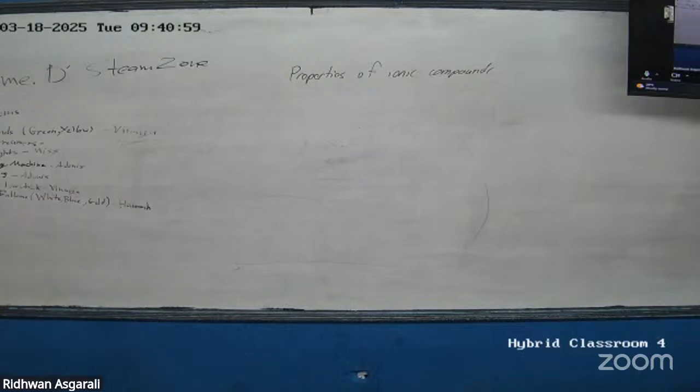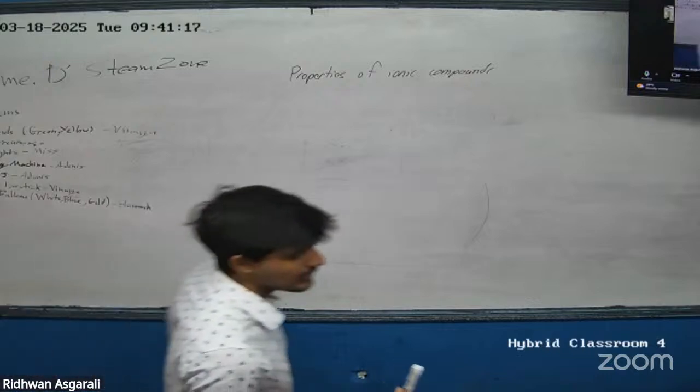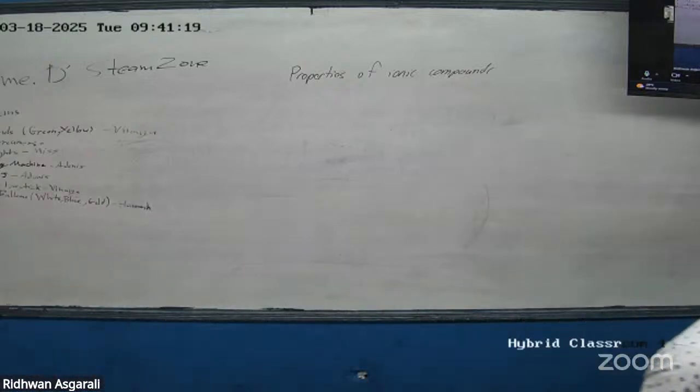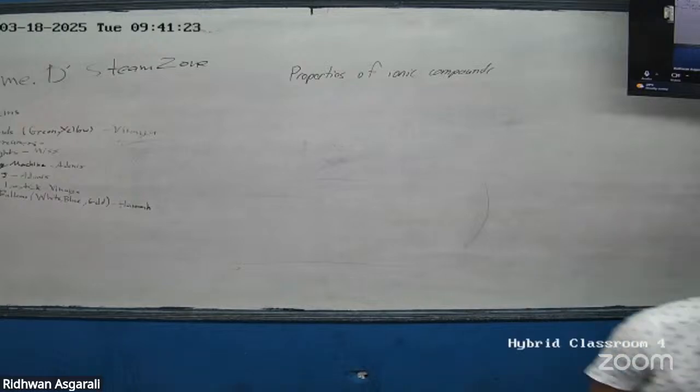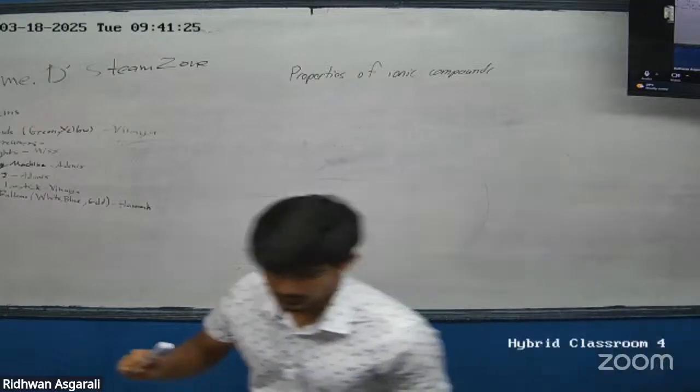What are ionic compounds again? What's an ionic bond? It's between a metal and a non-metal, right? So an ionic bond is formed when a metal donates its electron to a non-metal. I remember that. Everybody remembers that.